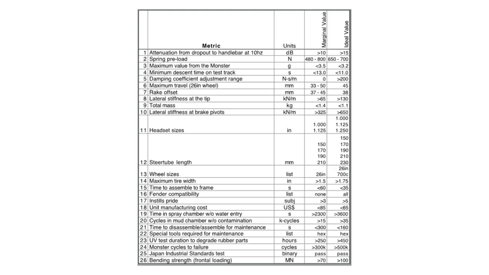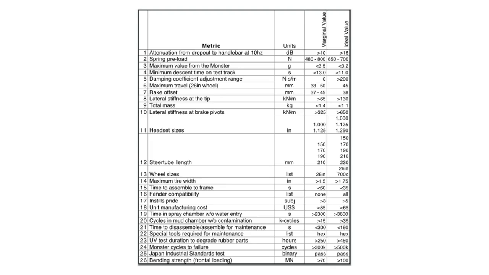Back to this example, we have 26 metrics, we have the units, and we need to set the marginal value and ideal value. Understand the difference between marginal and ideal. Ideal, from the word itself, is the target, the best value. For metric number 1, you set a number greater than 15.